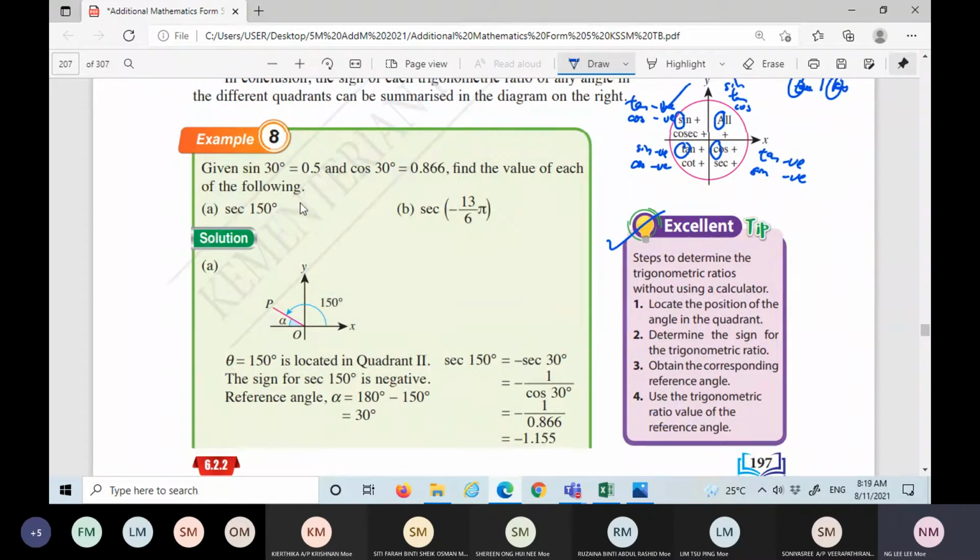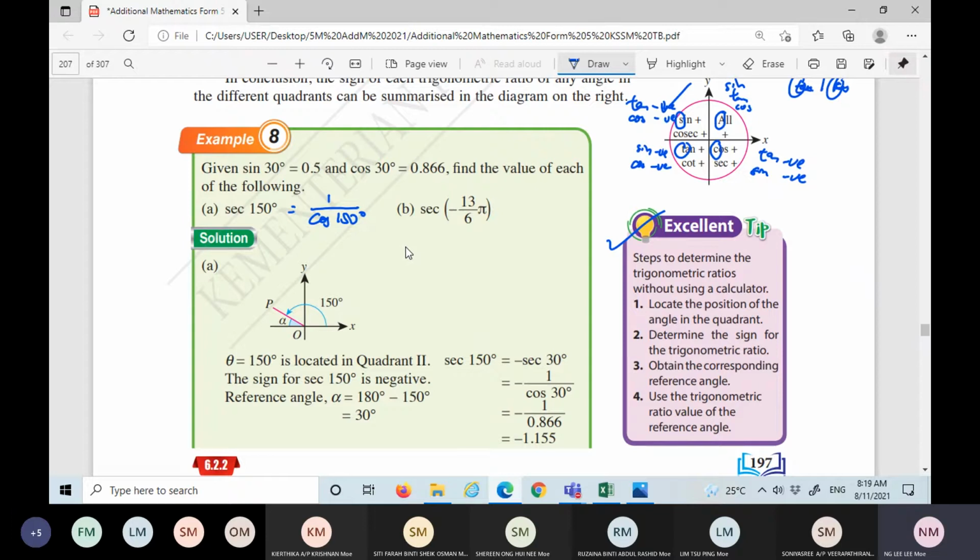So secant 150 is equal to 1 over cos 150. It is easier to do than the other way. Secant is 1 over cos, so straight away change to 1 over cos 150. Then cos 150 is easier to do.